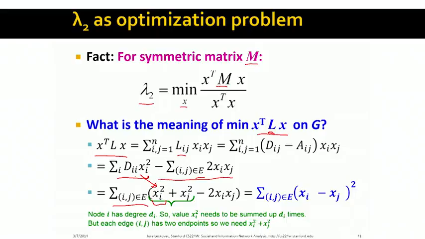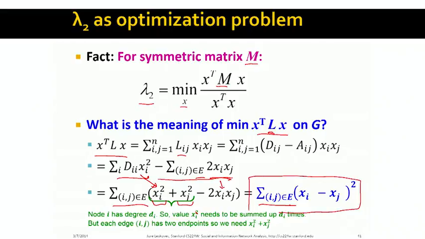Now, of course, each edge has two endpoints, one on one side, one on the other side. So we also have to have x_j squared. What we notice now is that this is simply a summation over all the edges, where I have x_i squared plus x_j squared minus 2 x_i x_j. So this is simply a summation over all the edges of (x_i minus x_j) squared.